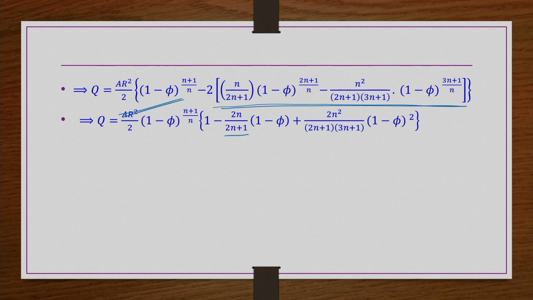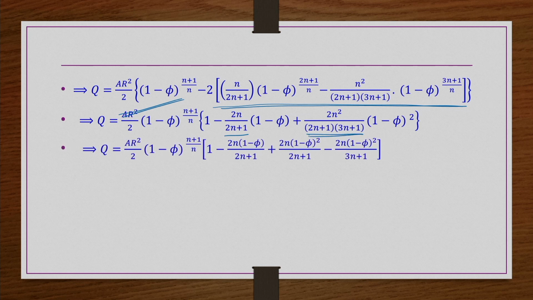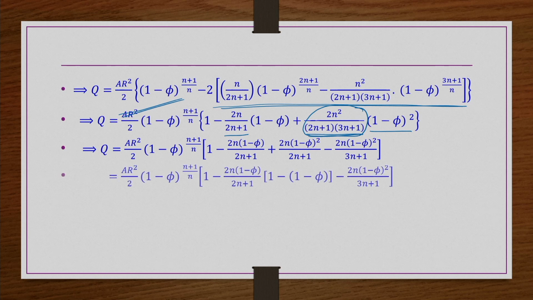So, next step what we do, this term we divide into 2 terms, then we get 2n by (2n plus 1) minus 2n by (3n plus 1) in place of this term, and then whatever (1 minus phi) whole square being multiplied as it is, right.